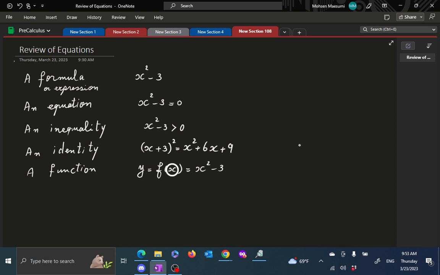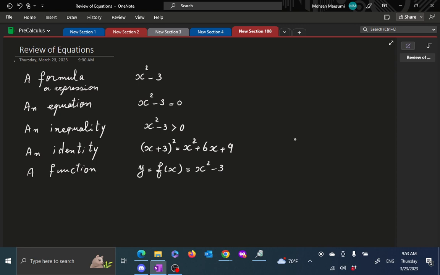A function has an input, traditionally called x, has an output, traditionally called y. It has a name for the function itself, a generic one, typically just called an f. And the formula for the function, well, it can be any formula. Okay, so the intention was to make sure we understand what is an equation.